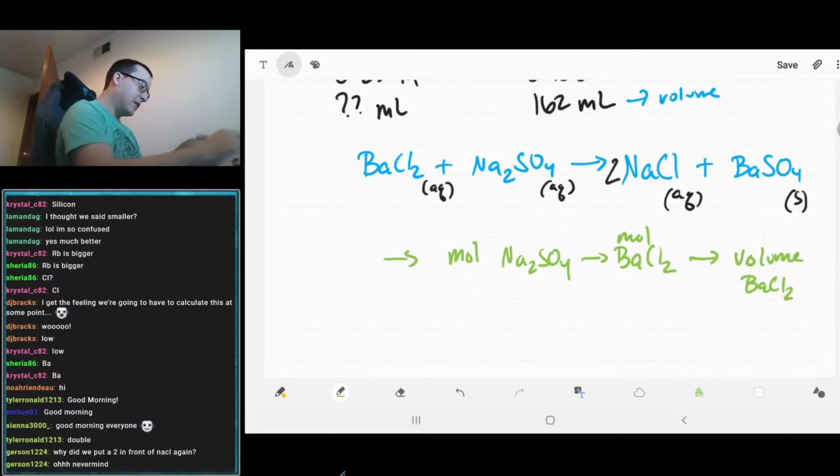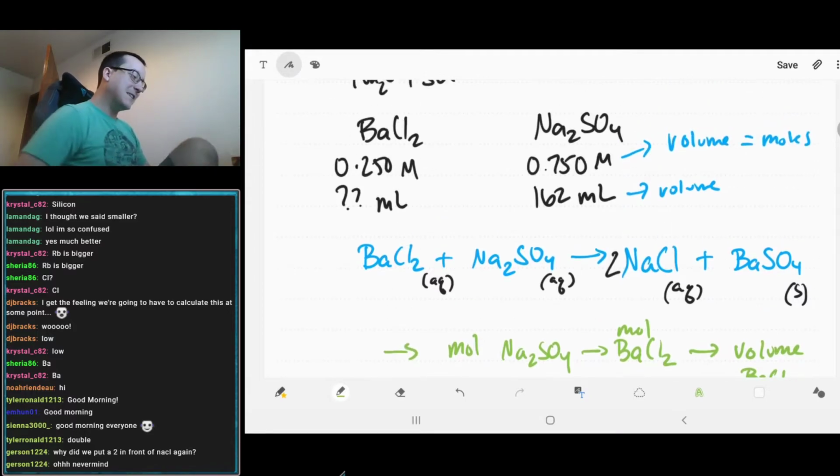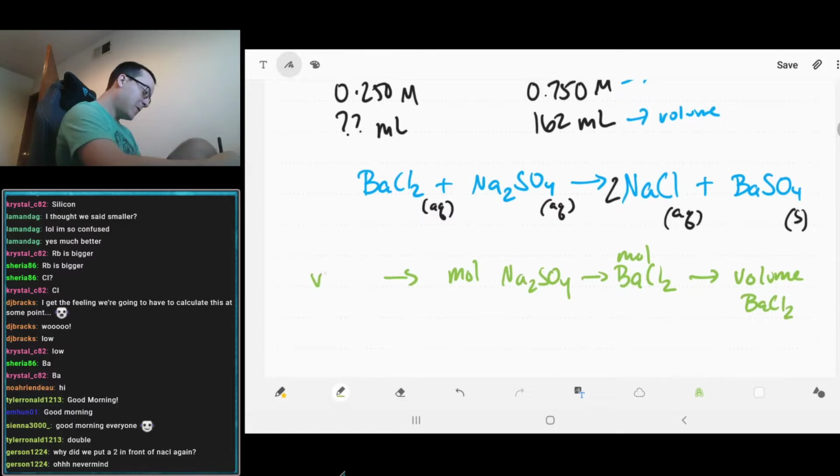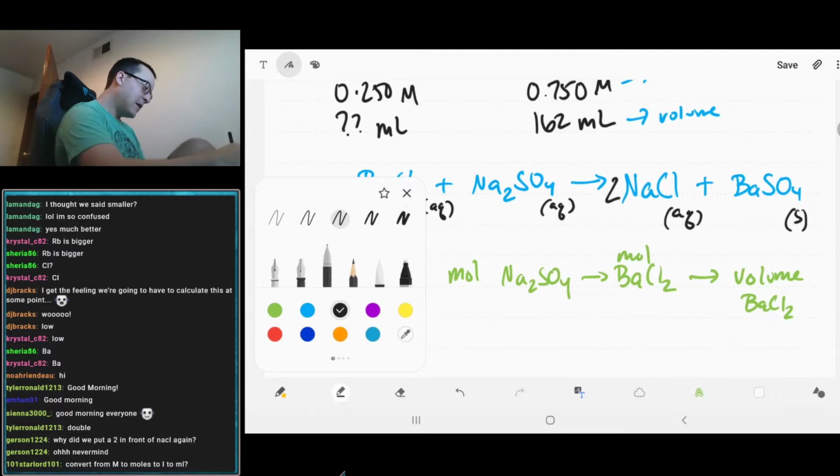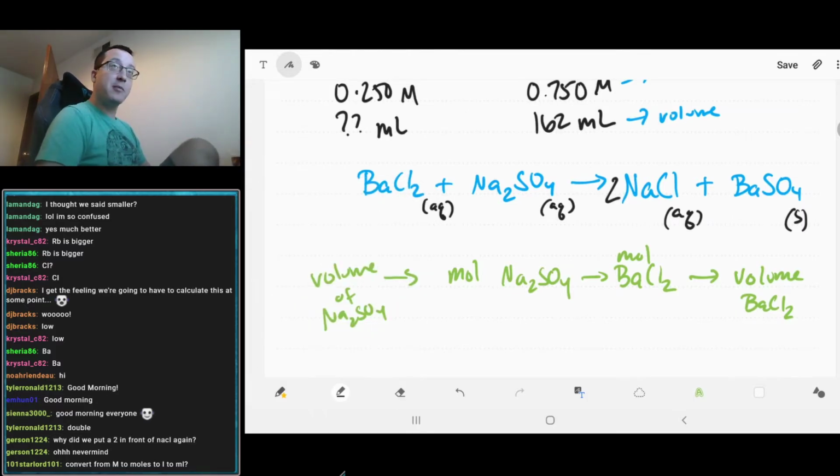And the problem is giving us a volume of Na2SO4. Yeah, so we're going to be doing just some conversions, just like before. So, this is our plan for our unit conversion.